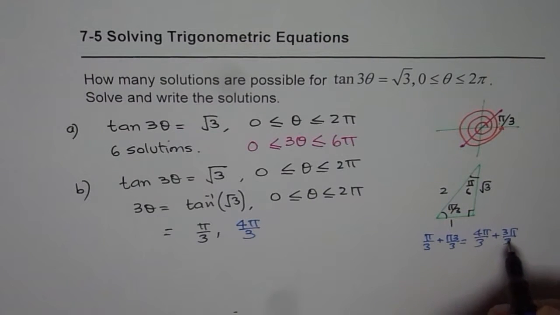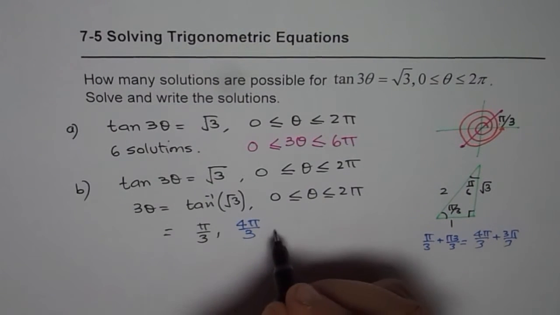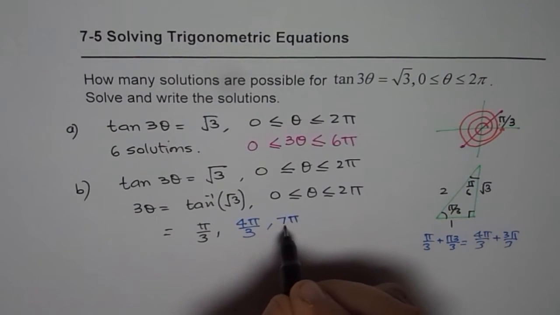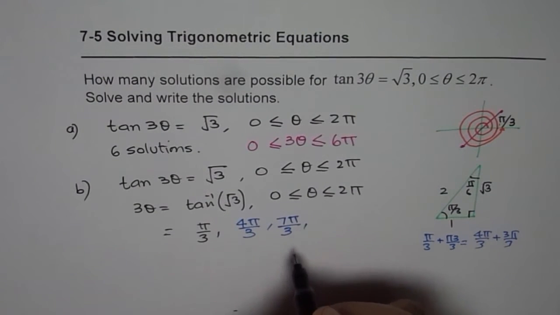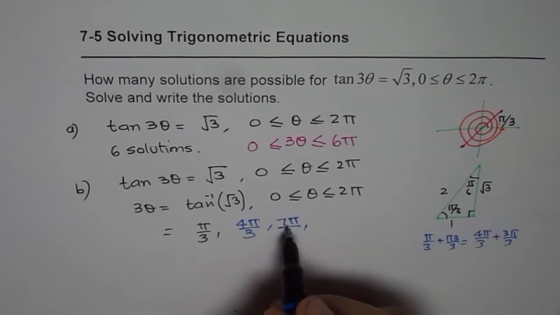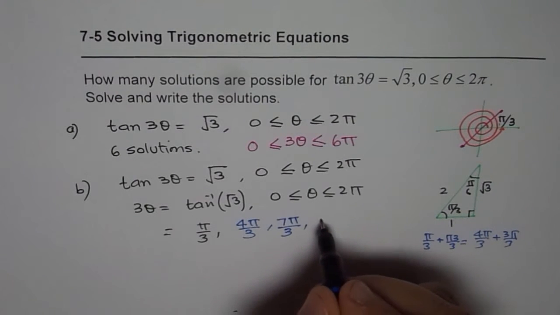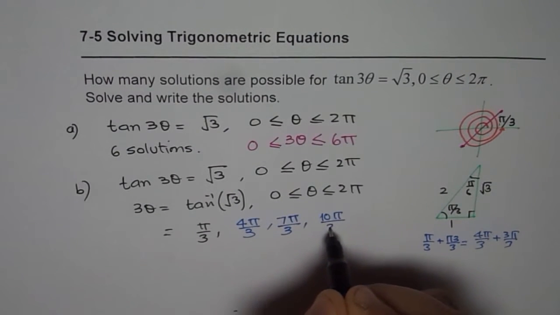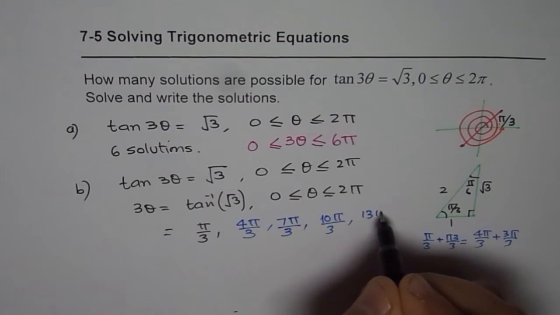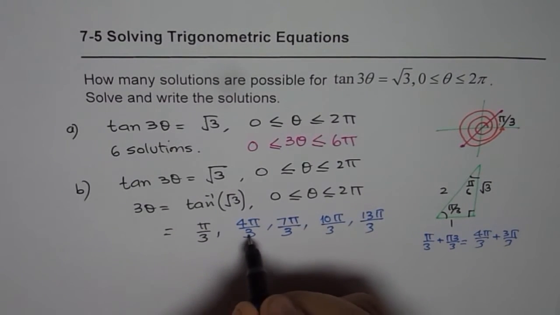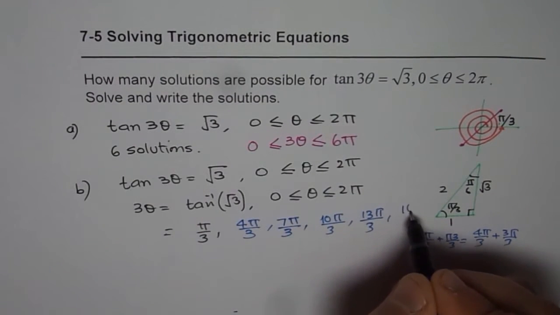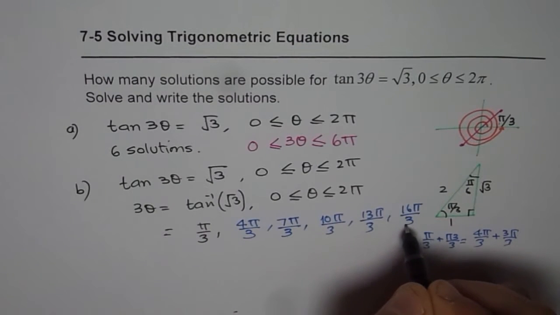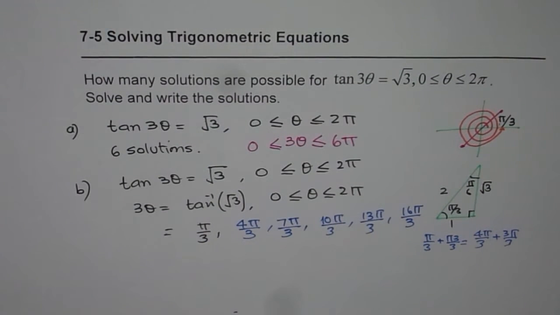You get the point, right? So it is 7 pi by 3. Now again I add pi, that means 3 to this, and I get 10 pi by 3. And then I get 13 pi by 3, and let me write 16 pi by 3. And then we'll figure out whether these are correct or not.